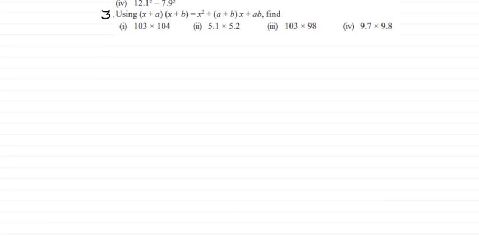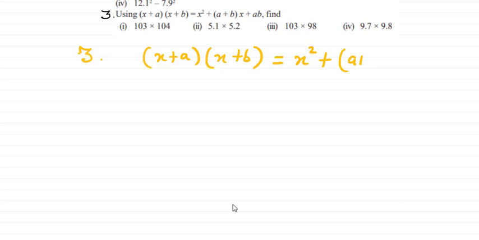Now I'll solve the sums which are like question number 3. Here we have to use the identity x plus a into x plus b, which is x square plus the sum of the second terms, a and b, into x, plus a into b. Here I'm taking the second question, 5.1 into 5.2.